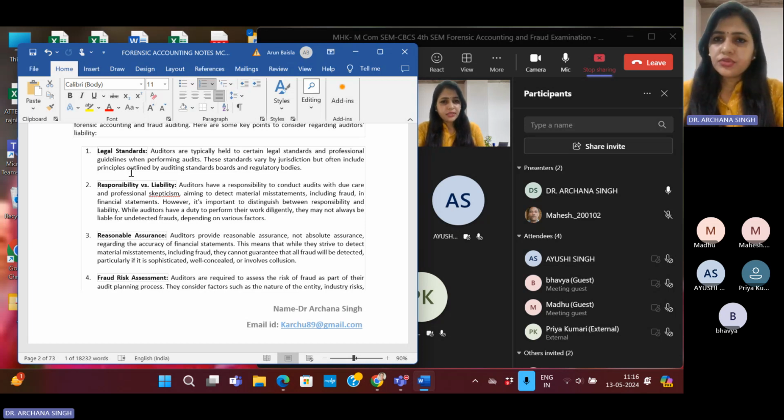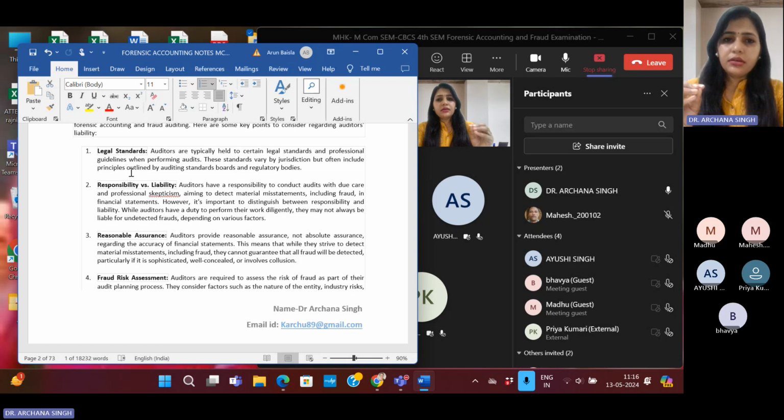His responsibility is to find out if he or she is doubtful about any activity, then he has to detect that misstatements, which includes frauds in financial statements also. So with due care and professional skepticism means if professionally he is doubtful, then he has to detect that fraud.